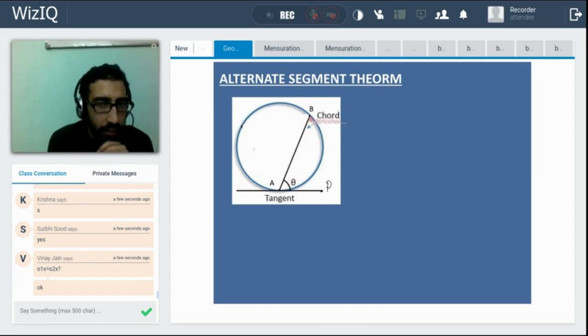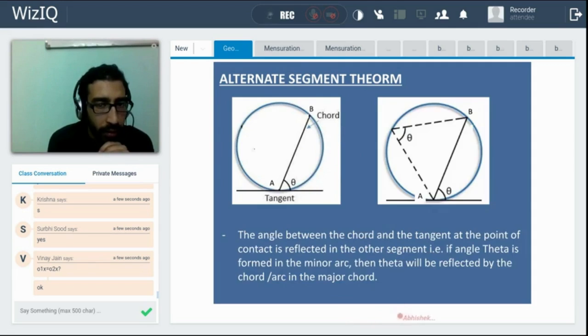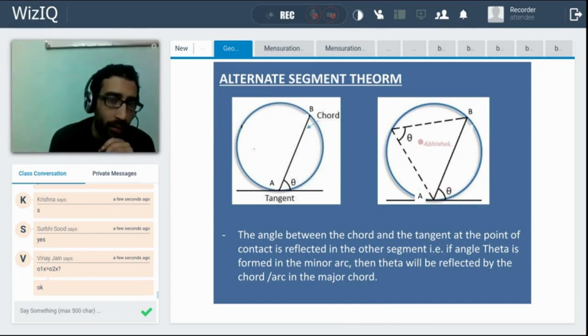So we had studied that there is a minor arc AB, and of course there is a major arc AB, the longer one. If theta is made towards the minor arc, then theta will also be reflected by AB on the major arc.